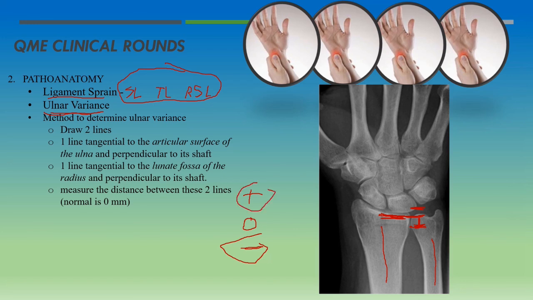Now, both of these circumstances, whether it be positive ulnar variance or negative ulnar variance, can predispose the wrist to various types of injury as the distal radial ulnar joint here becomes affected by changes in the length of the ulna, and as the ulnar carpal joint here becomes affected by, again, varying lengths of the ulna compared to the radius bone.